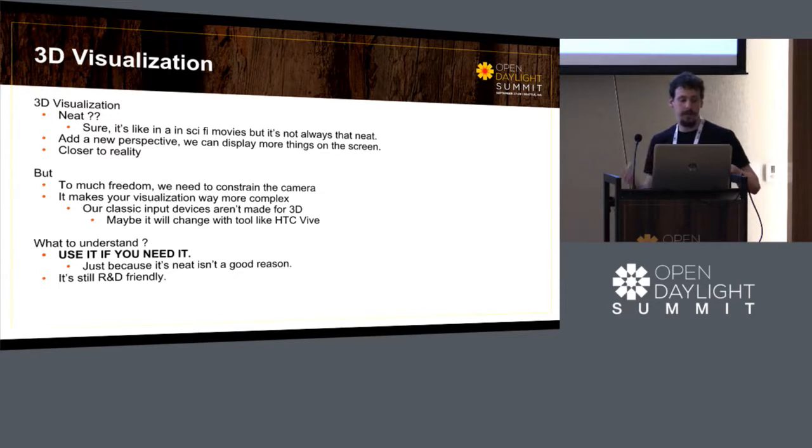And of course, it's way closer to reality if you include some environment with your visualization, like a building or a map. You will be able to figure out that we're in this data center and we see the equipment at this particular place. So it's intuitive for the user.